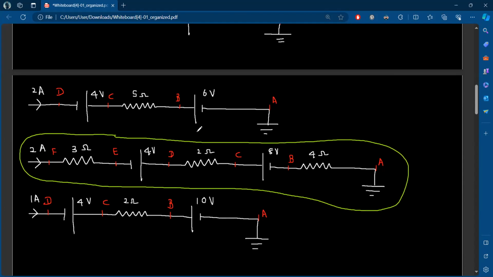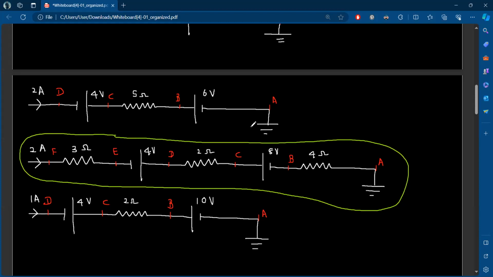Please try this one and tell me what are the answers. A is 0 volt. B is 8 volt.